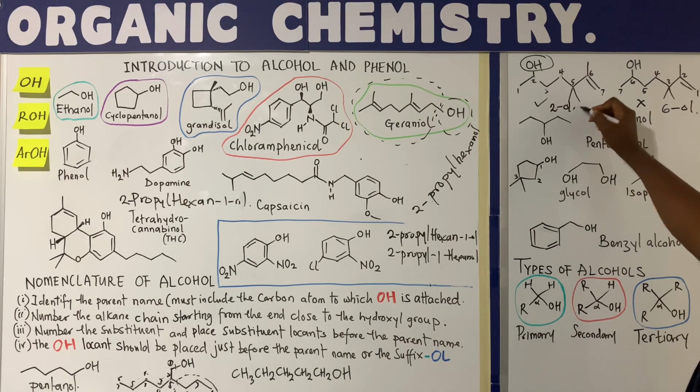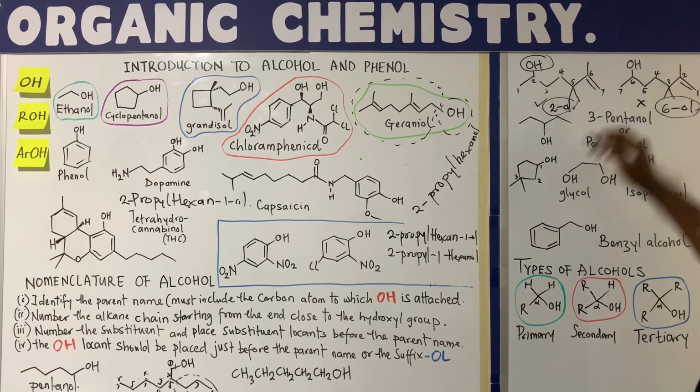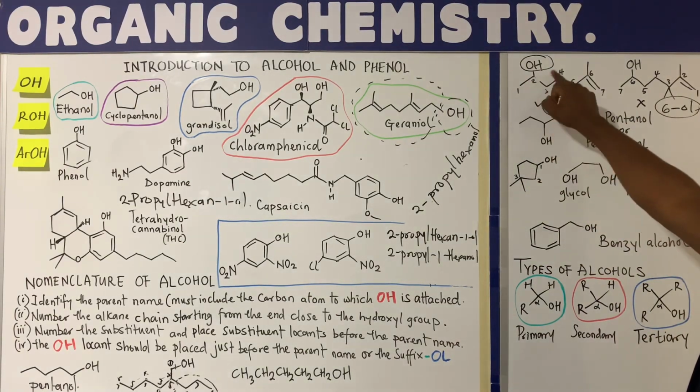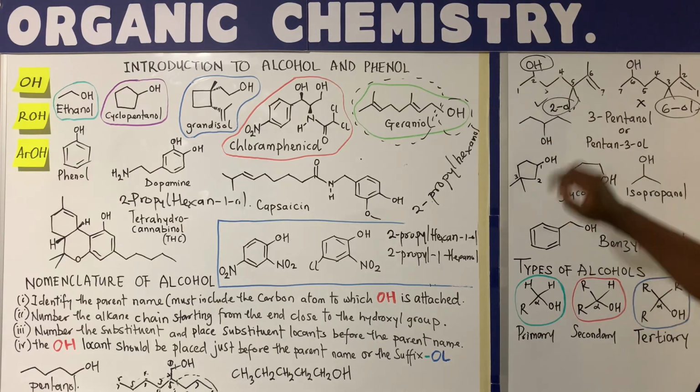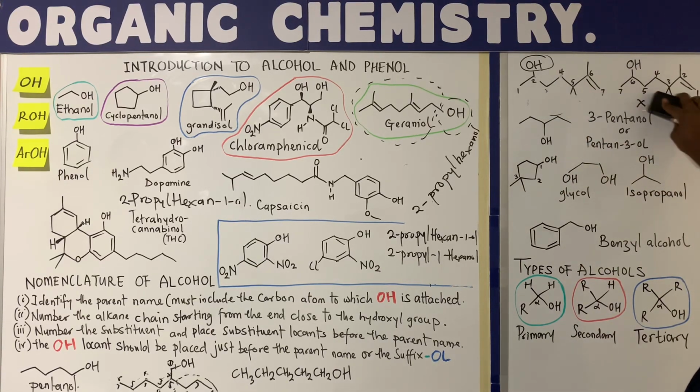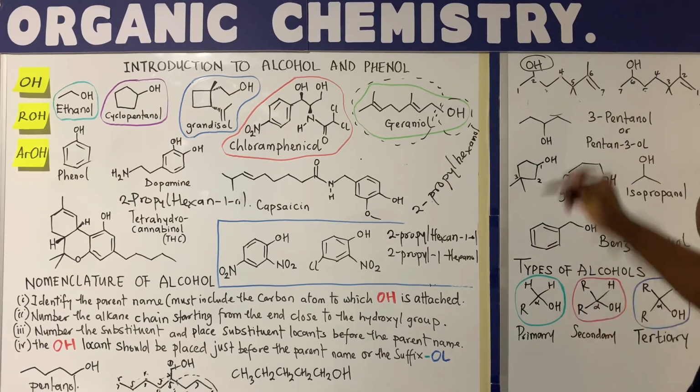So we'll take 2-ol over 6-ol, and that makes this nomenclature correct. That is, starting from this direction instead of this direction. And if we look at the next one, let me cancel this, but I'll still leave the structure just for reference purposes.